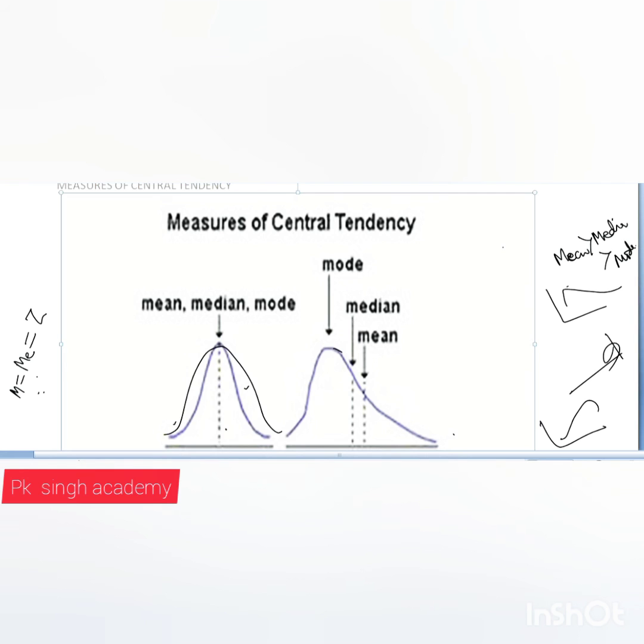When it has a negative slope, or a left-tailed slope, the mean will be less than median, which will be less than mode. I will discuss all these in a further lecture. So the figure depicts this. Now we will move on.